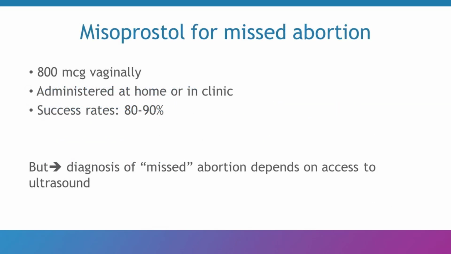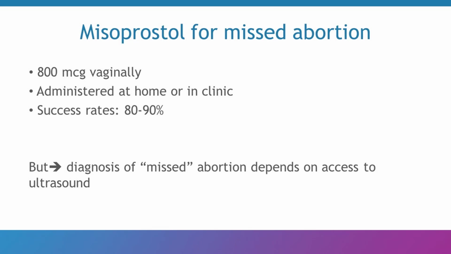Misoprostol single dose can be used in case of a missed abortion. We used to provide only surgical abortion in case of an incomplete abortion, but now evidence has shown Misoprostol alone can be used for PAC, like missed abortion or incomplete abortion.